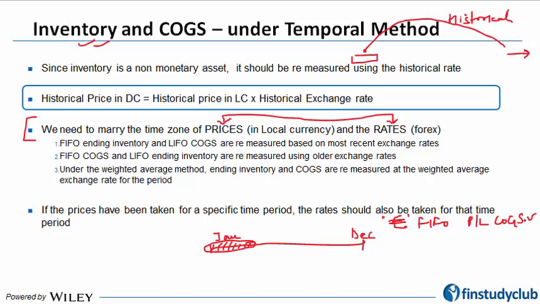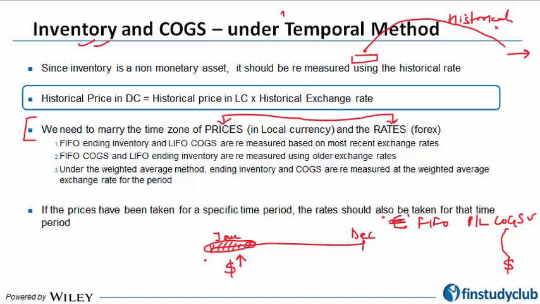So what I'm trying to say is that when you convert the COGS of euro into COGS of dollars under the temporal method using the historical tagging, then I will have to use the exchange rate prevailing in the similar time zone, if not same exactly, but in the similar time zone to make that conversion.